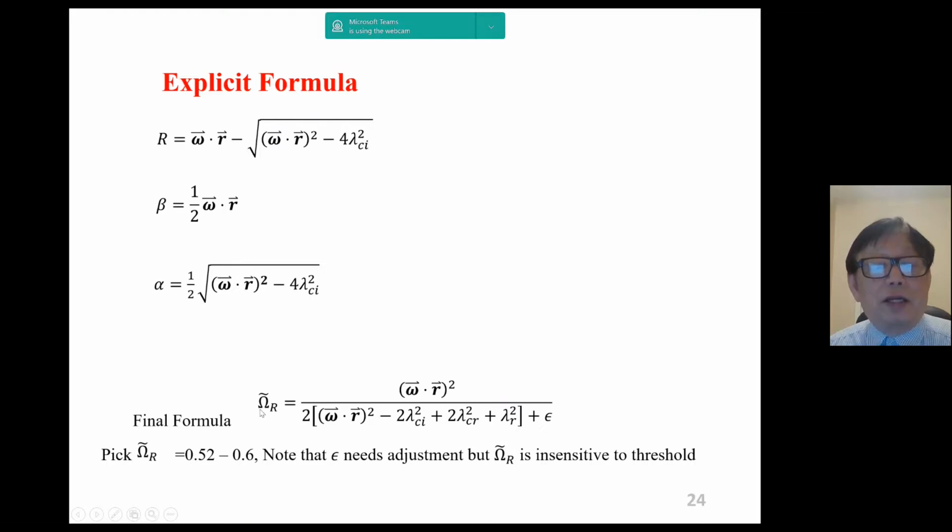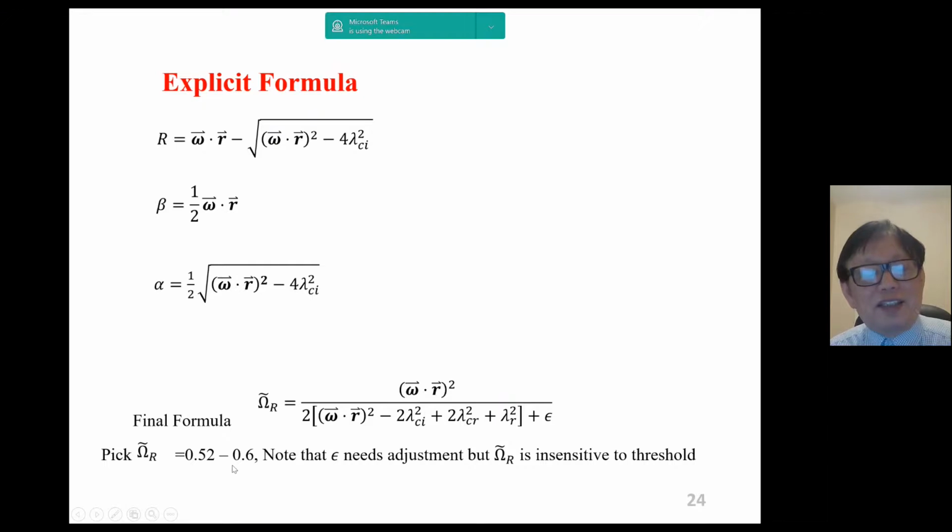Finally, we get Omega R tilde equal to this formula. We can see we take out the shears. However, we still have a small number epsilon which needs to be adjusted. On the other hand, for Omega R, we pick 0.52. It works very well for a lot of cases.